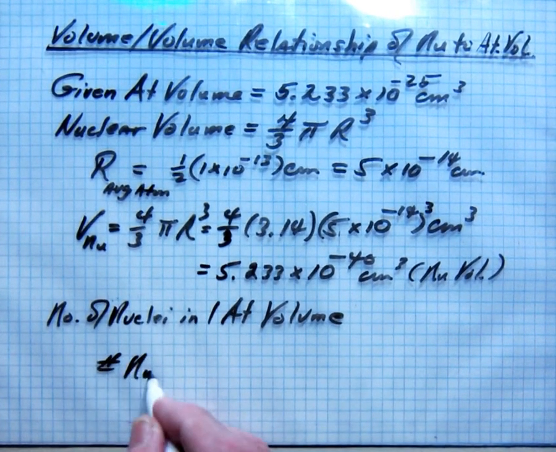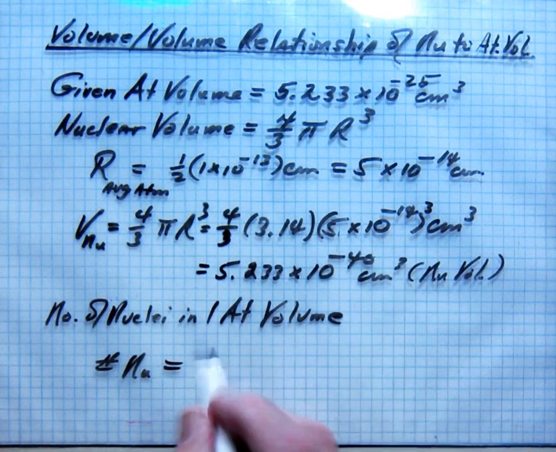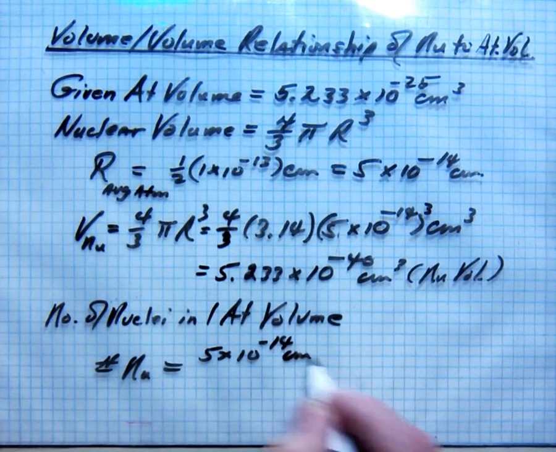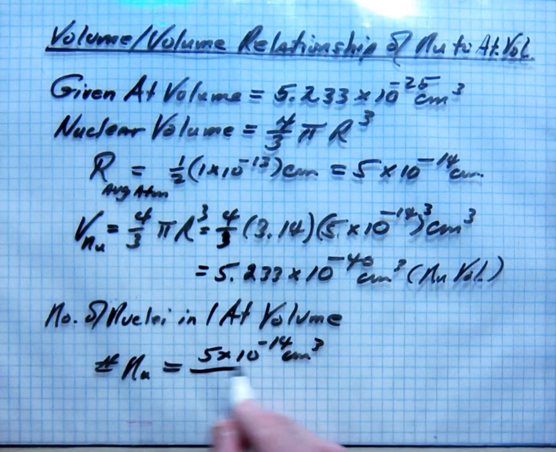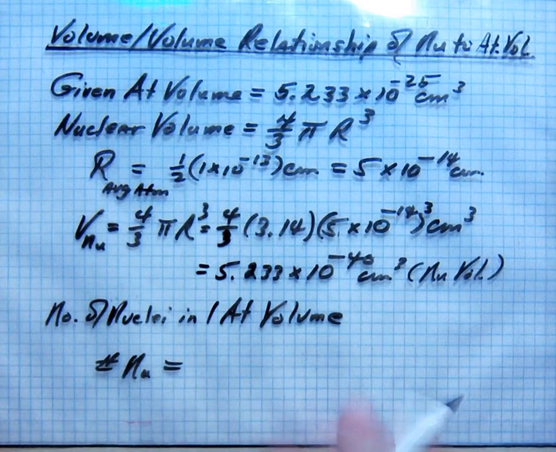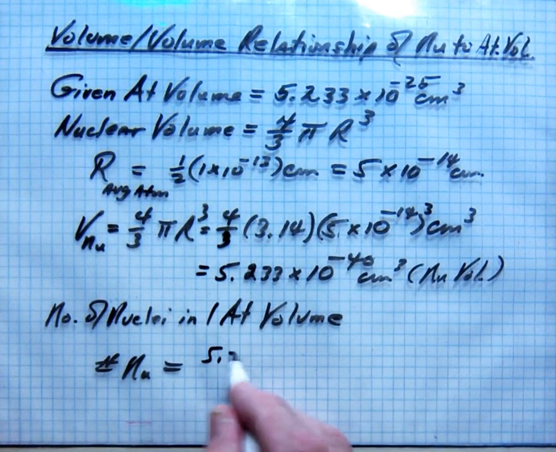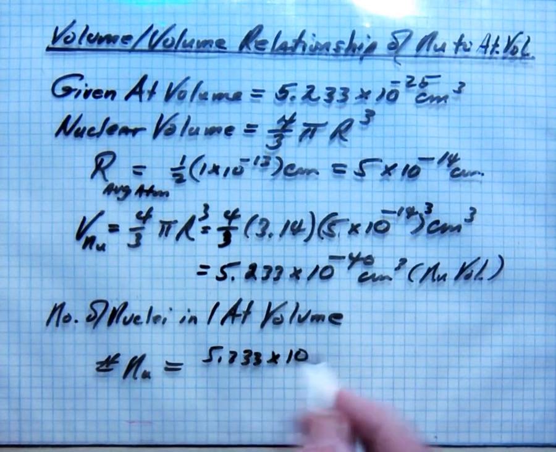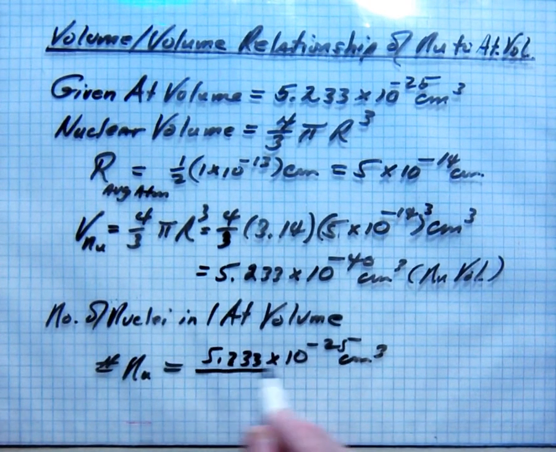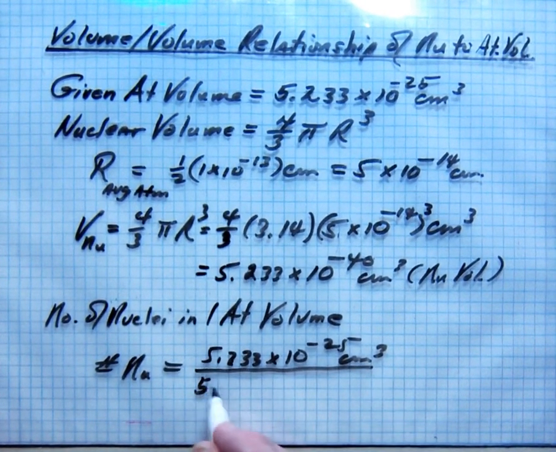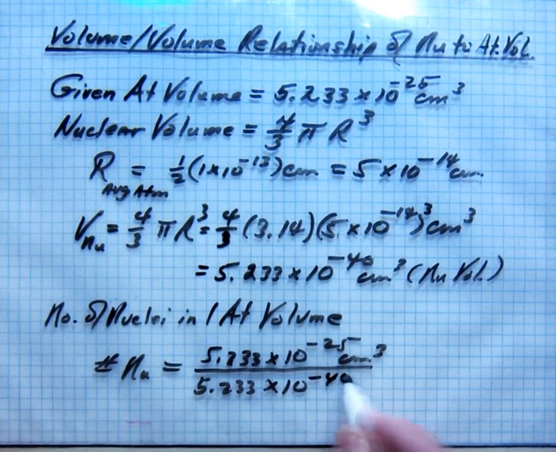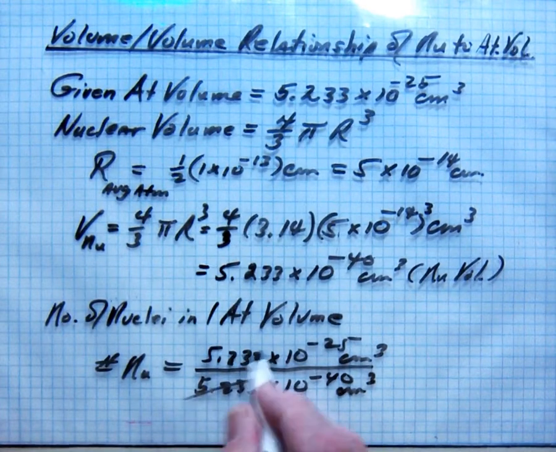Number of nuclei equals 5.233 times 10 to the minus 25 cubic centimeters divided by 5.233 times 10 to the minus 40 cubic centimeters.